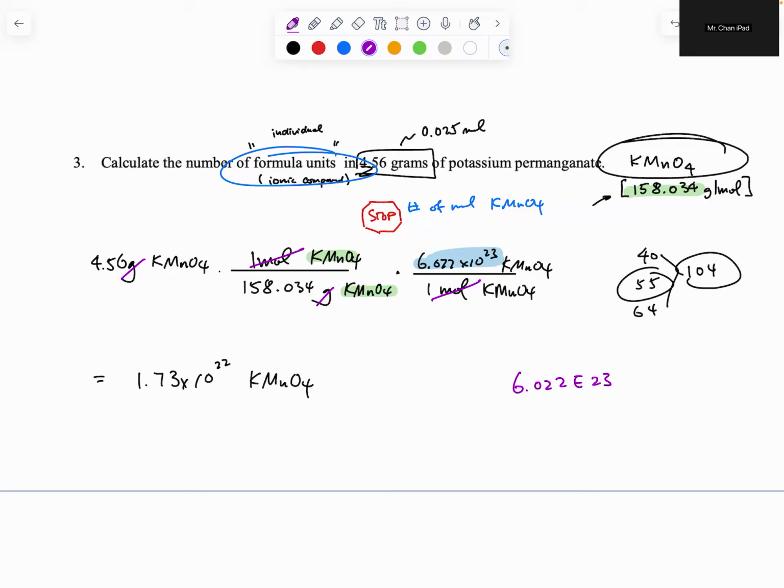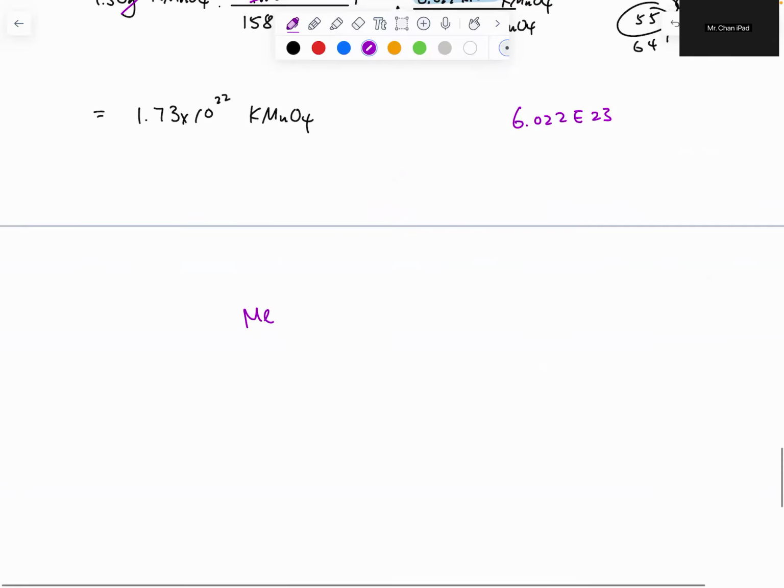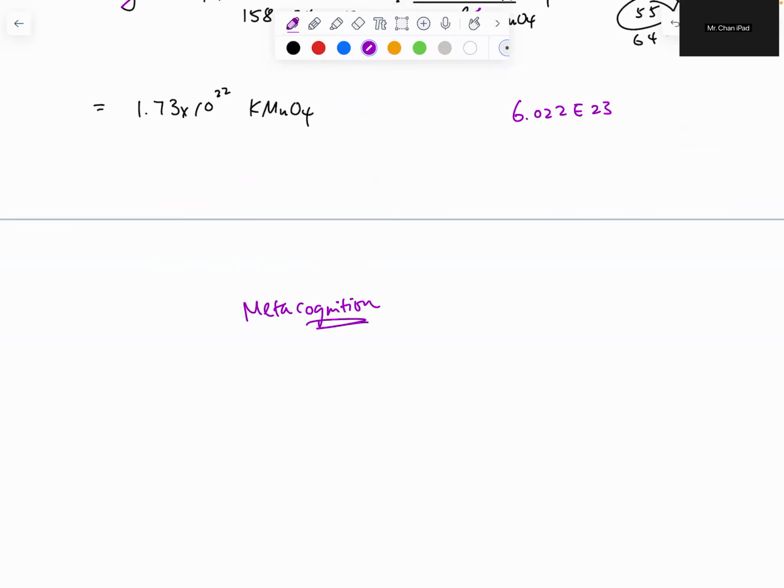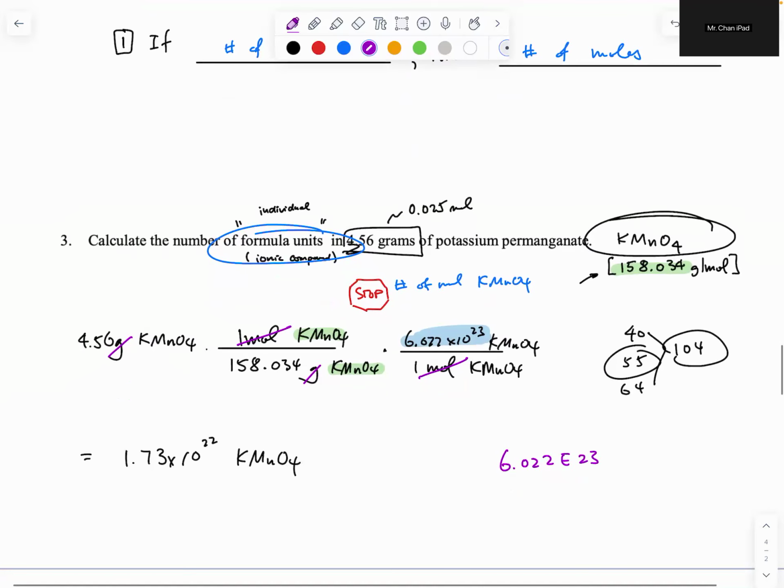I read some research papers, and it turns out that there's a skill called metacognition. Cognition is about your thinking. Meta means above. So what you're doing is thinking about your own thinking. When you are doing all these calculations, there must be an active voice in your head conversing with yourself. Oh, what are we doing? How do you know it's correct?